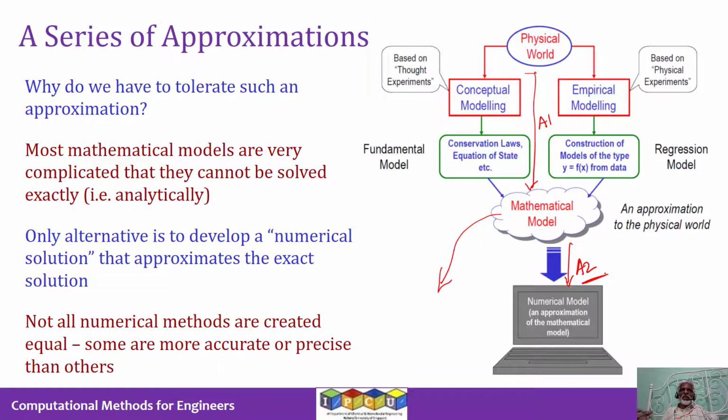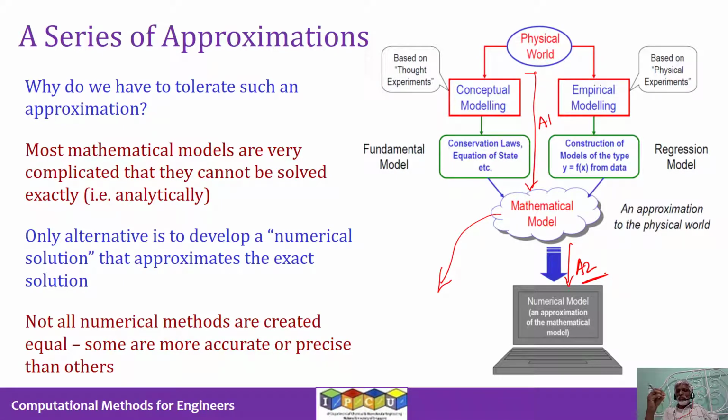So people there also are discussing many methods that will make the approximation of the mathematical model more and more accurate, right? So you get more and more accurate. That means the gap between the numerical model and the mathematical model can be reduced by interesting numerical algorithms, etc. Right?